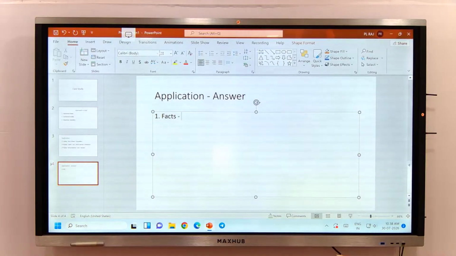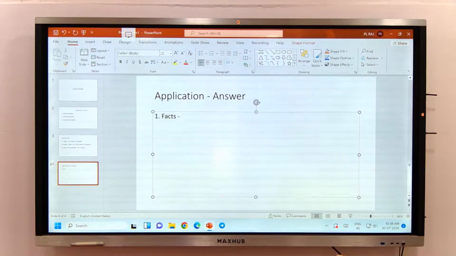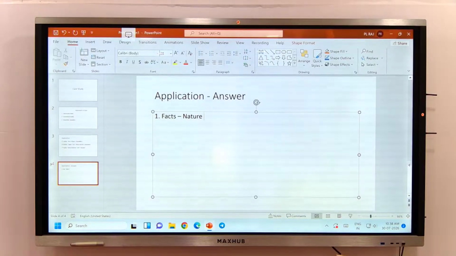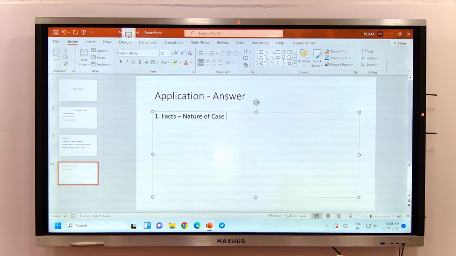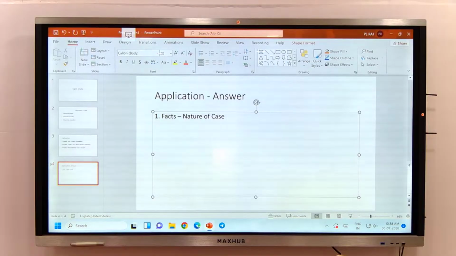The facts of application, that means the nature of the case, whether the case deals with maladministration, whether the case deals with external pressure.